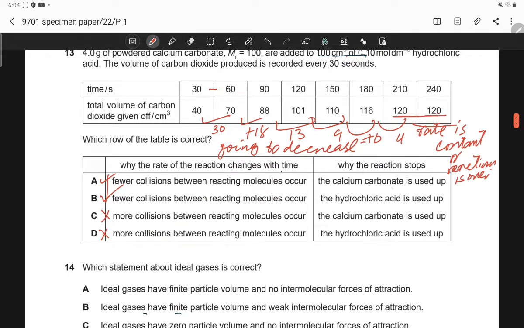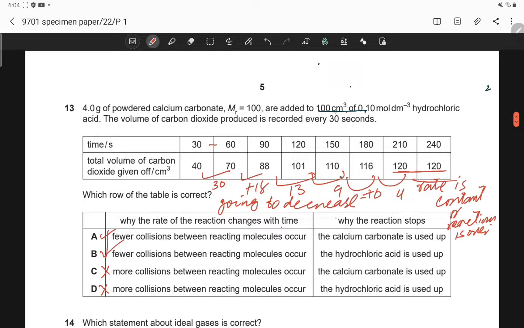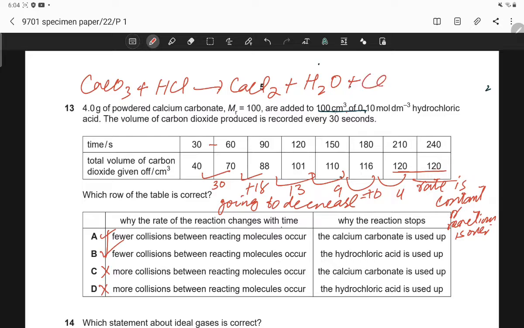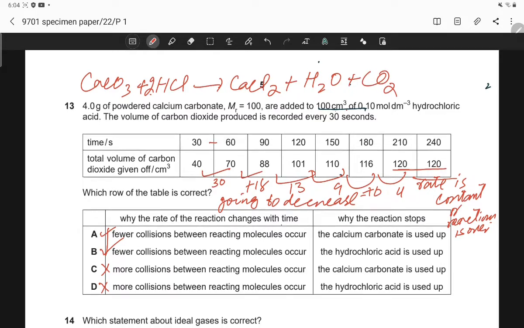The calcium carbonate is used up, the hydrochloric acid. Now for why the reaction stops, we can see the reaction: calcium carbonate reacts with HCl to form calcium chloride plus water plus CO2. To balance this reaction, place 2 over here.